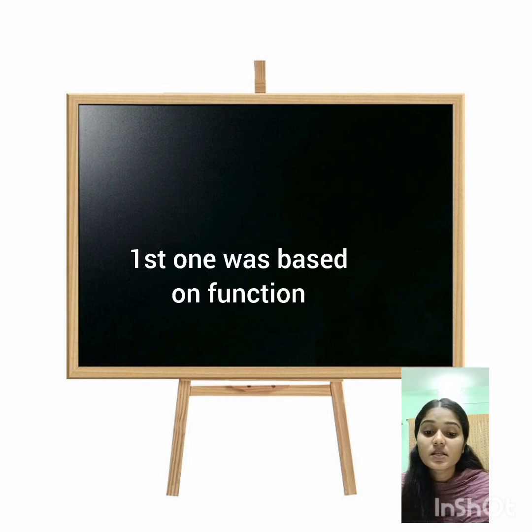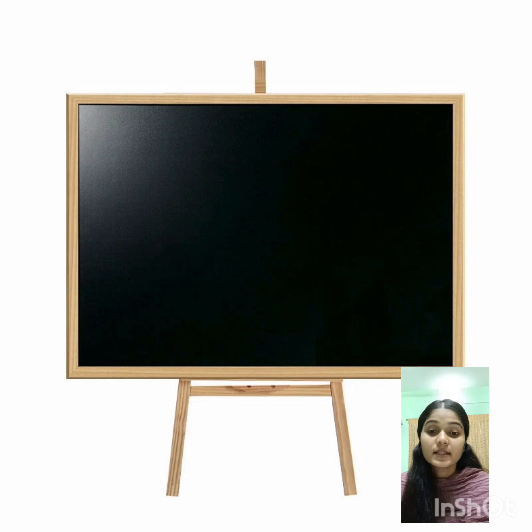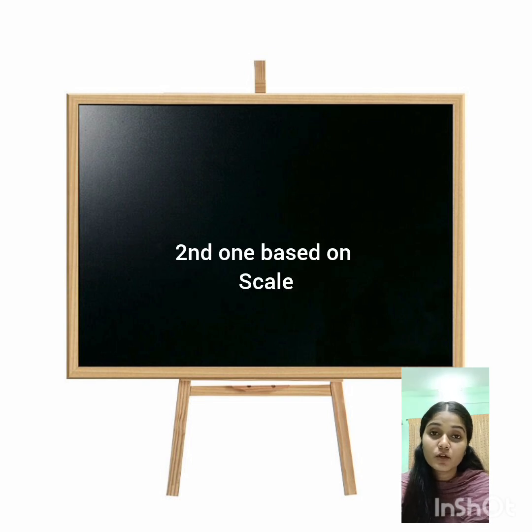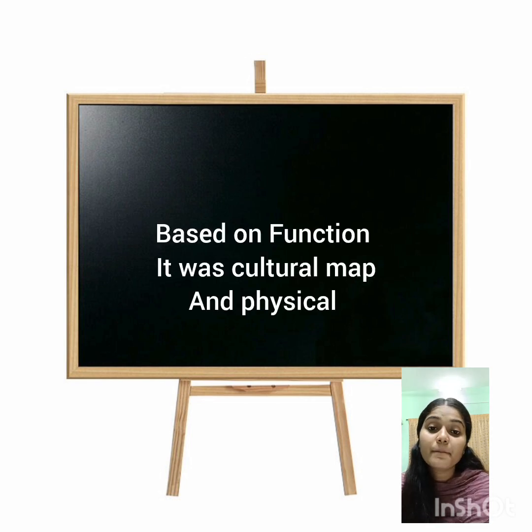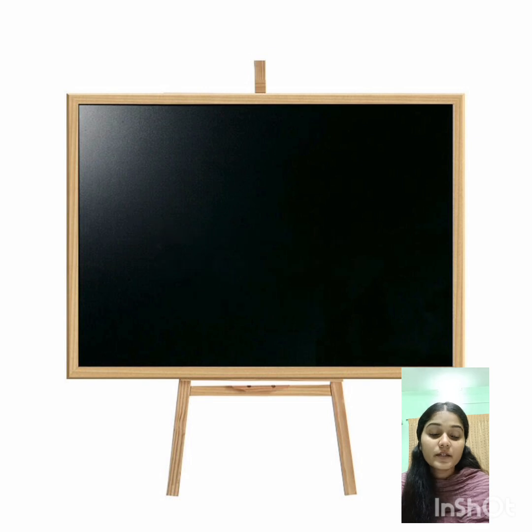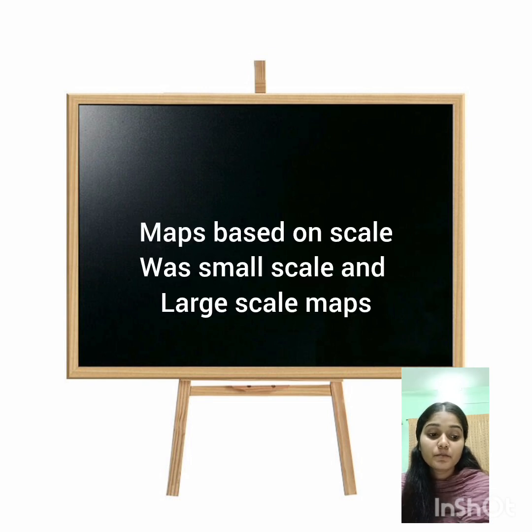First one was on the basis of function. The other one was on the basis of scale. The first one was on the basis of function: cultural map and physical map. On the other hand, the maps based on scale are small scale map and large scale map.